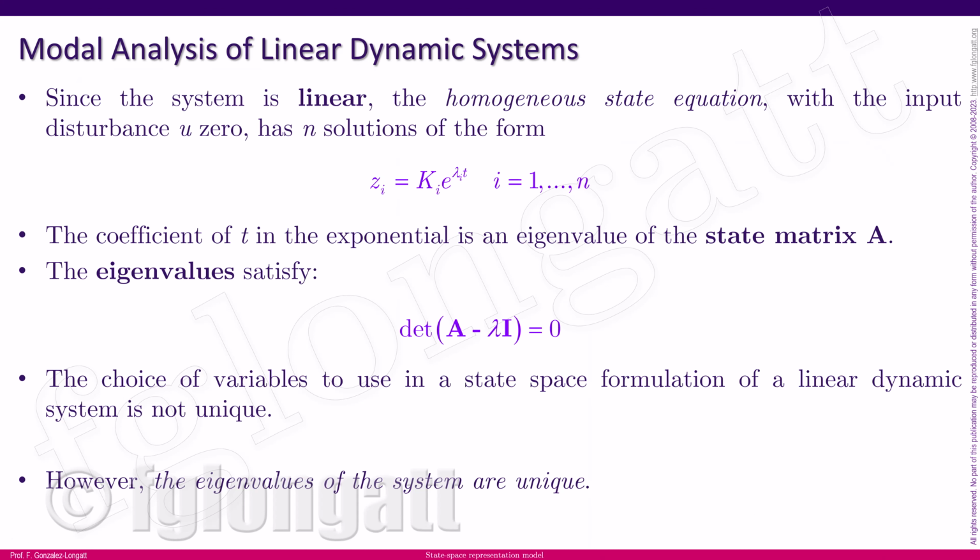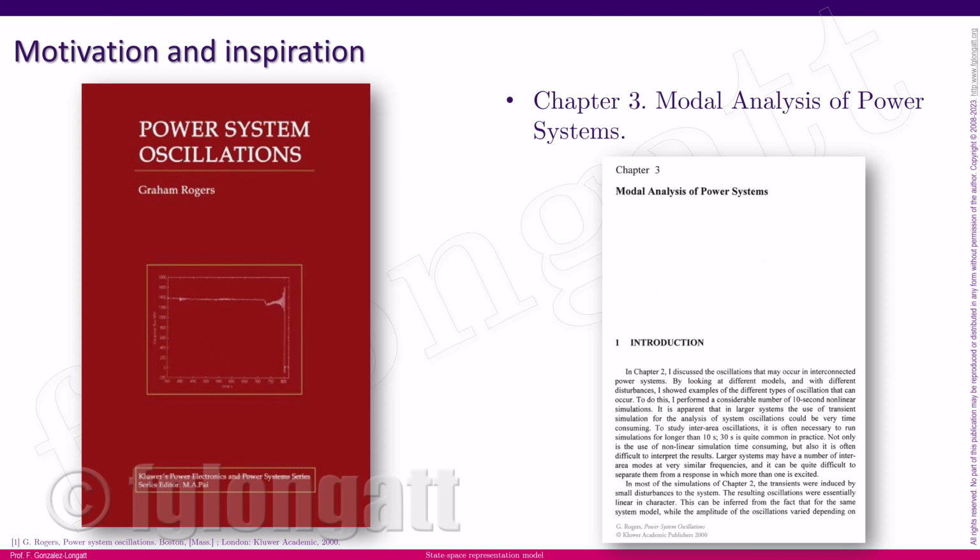However, what is the motivation for today? Well, I need to run a practical example, and this practical example requires a test system. And in this case, we are going to one of the most famous books for power system dynamics in terms of small signal. This is the book of Graham Rogers. It's a book from 2000, and the title is Power System Oscillations.